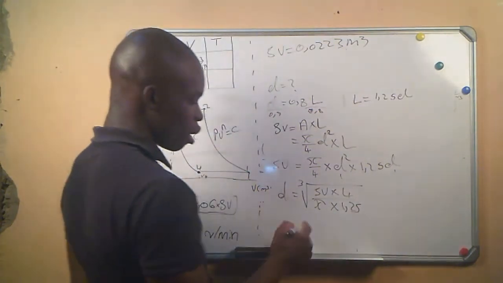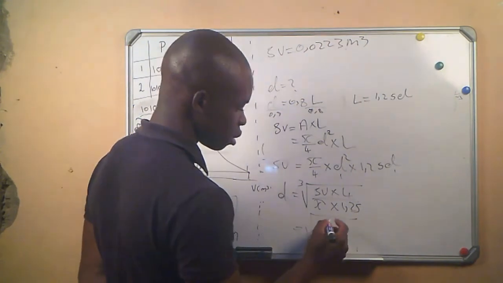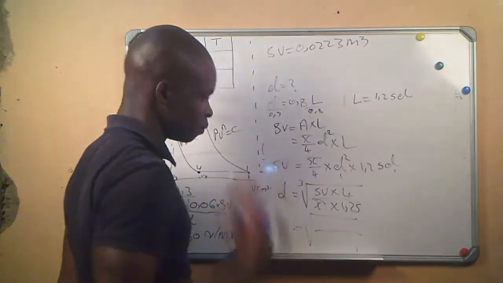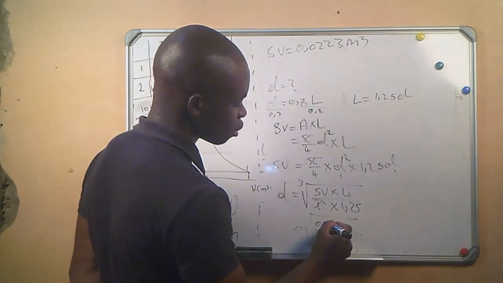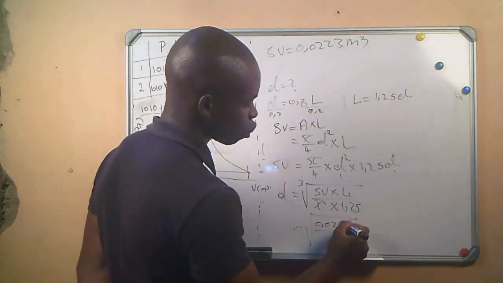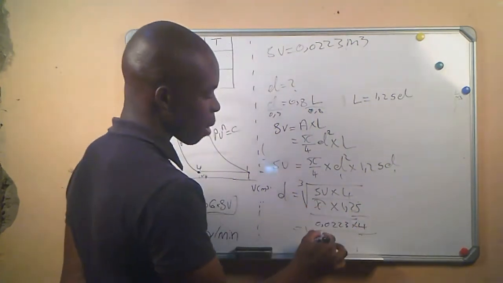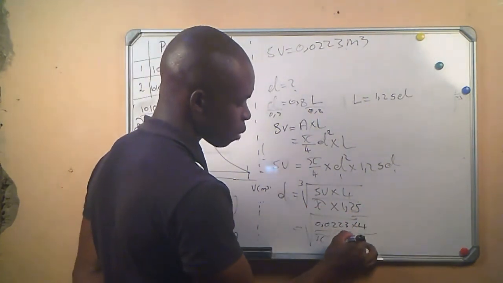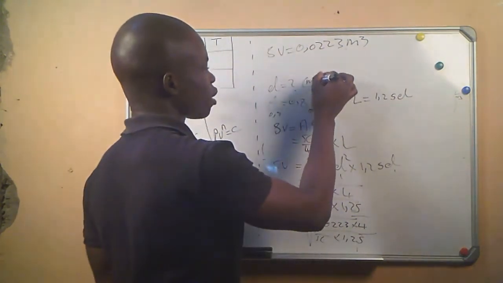The swept volume is 0.0223, times 4, over pi times 1.25.